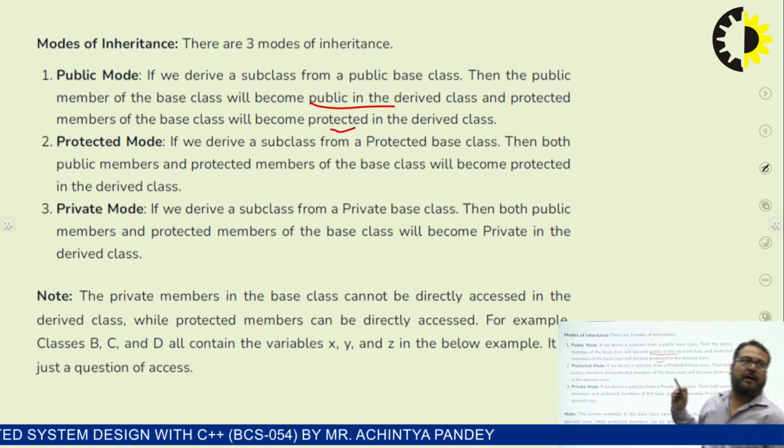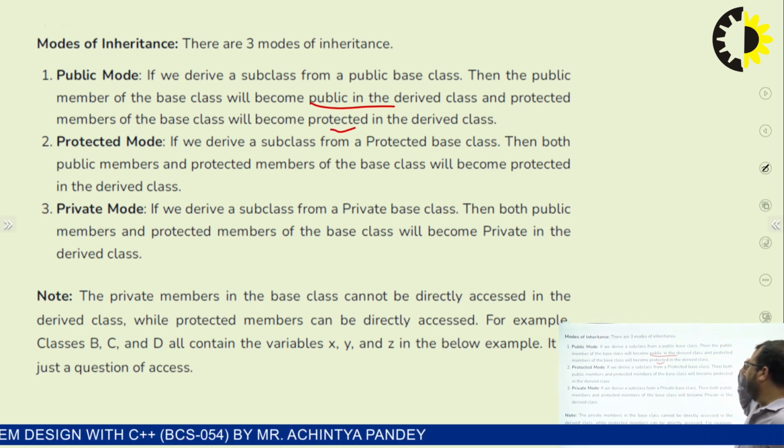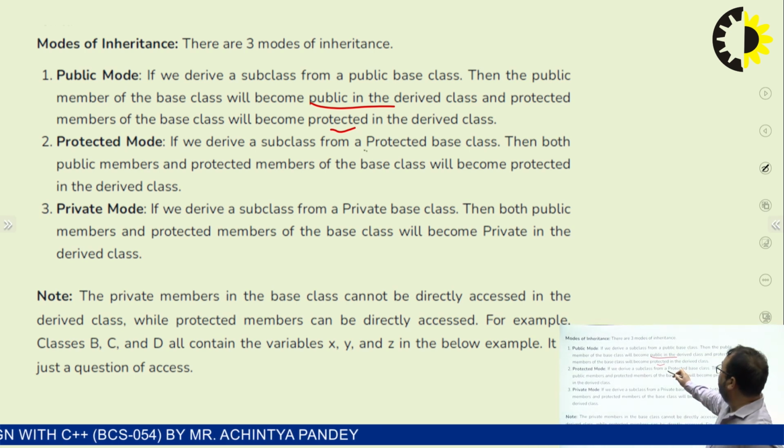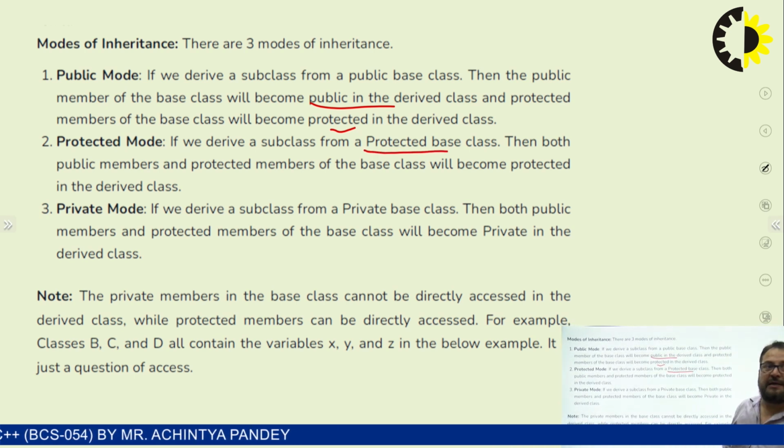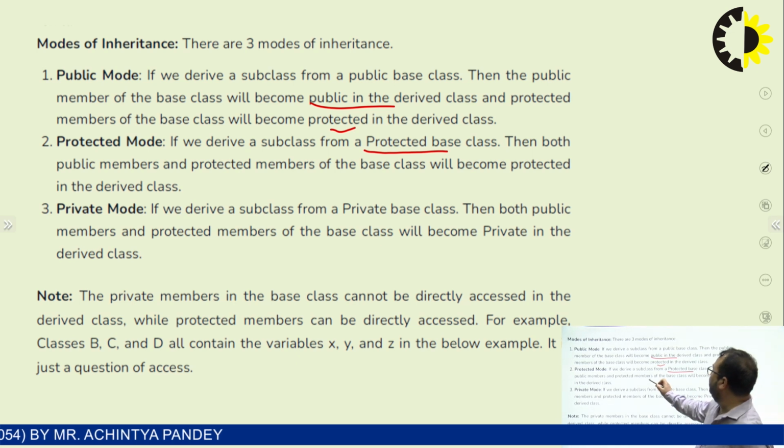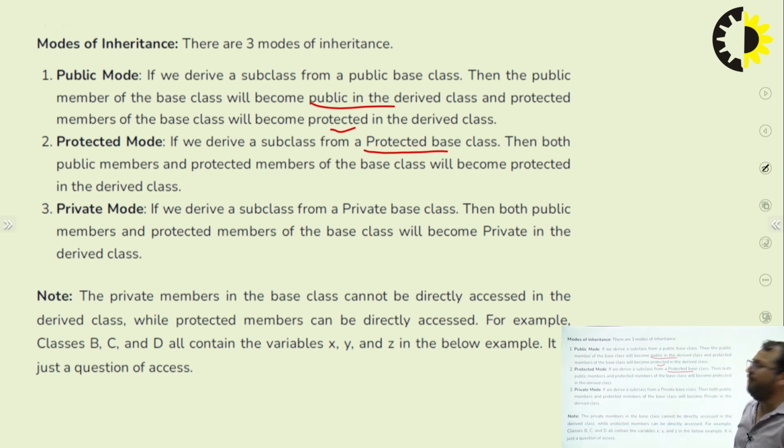Okay. Similarly, protected mode. If we derive a subclass from a protected base class, then both the public and protected members of the base class will become protected in the derived class.